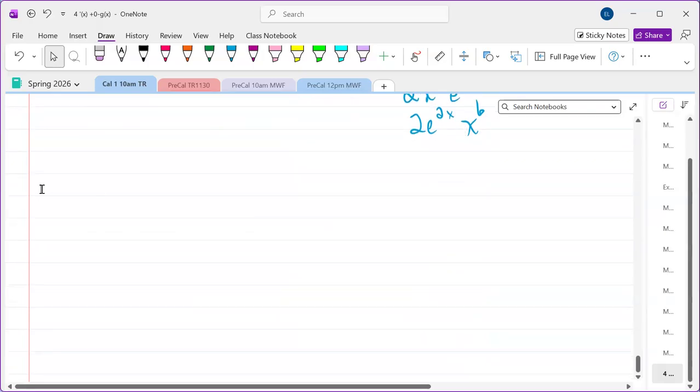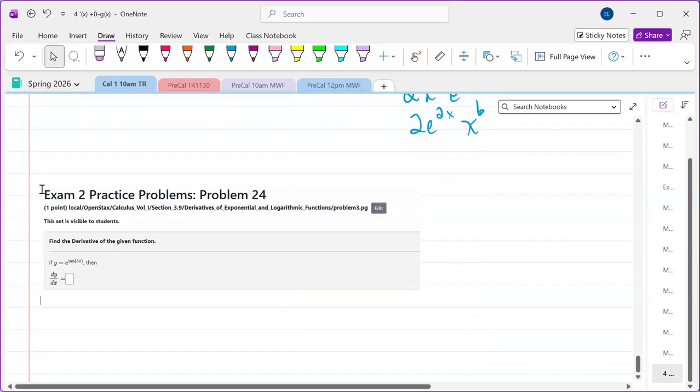So it looks like 24 is a double chain rule.